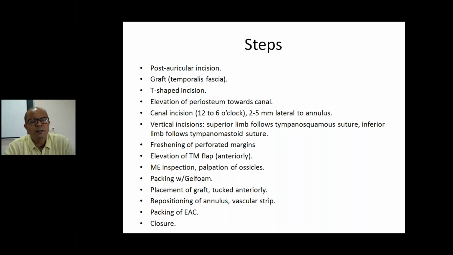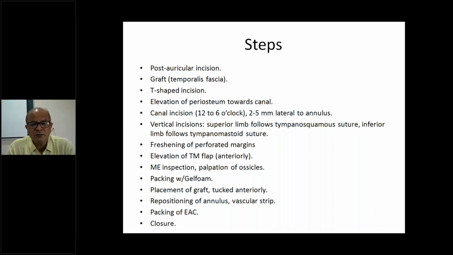For the incision on the periosteum, you can use either the C-shaped incision or the T-shaped incision. The incision is given, and then the periosteum is elevated towards the external auditory canal, which is anteriorly placed. Here you will encounter a very important landmark called the spine of Henle.